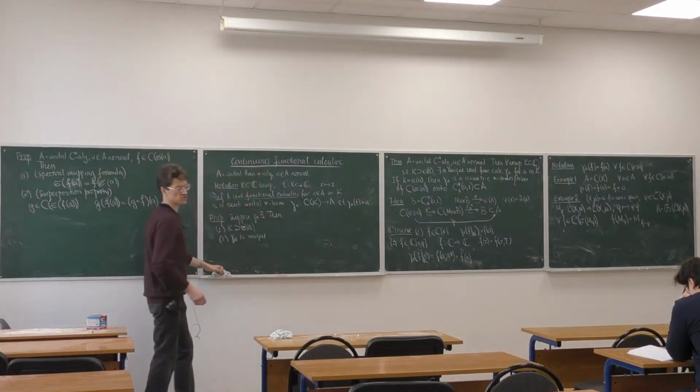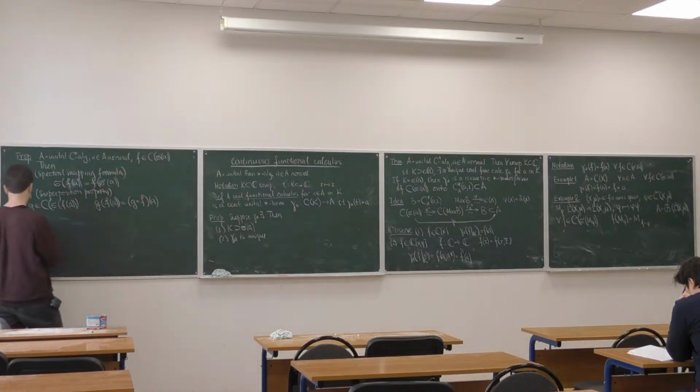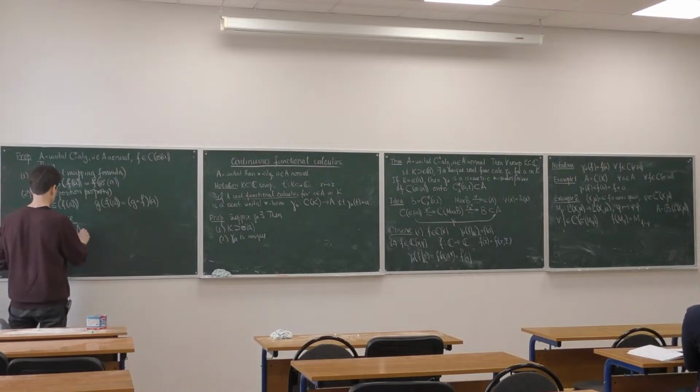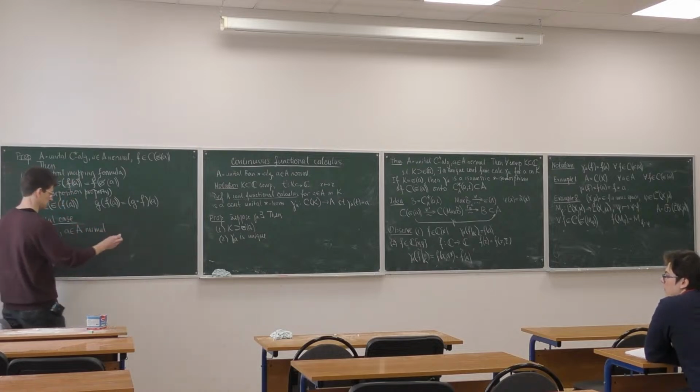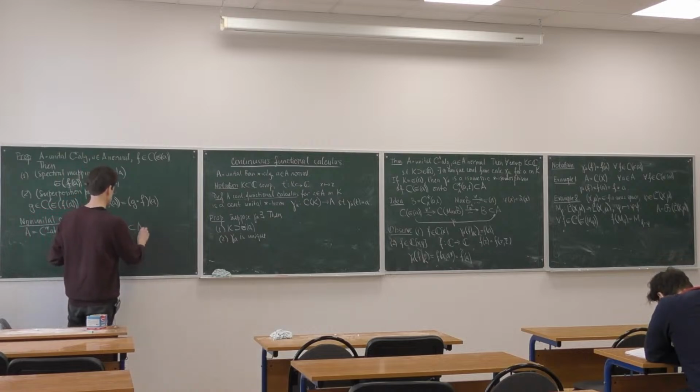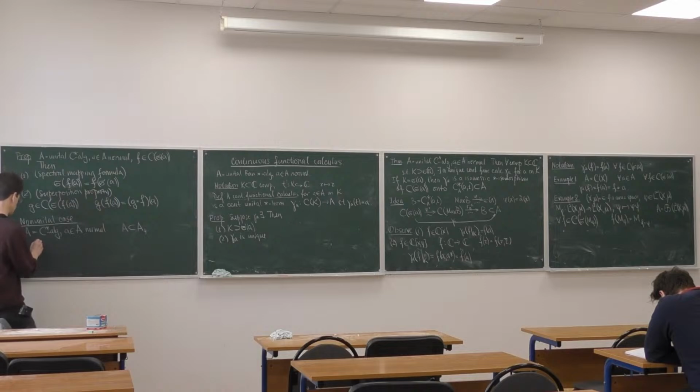What happens if our algebra is no longer unital? Sometimes this is useful in the non-unital case. So suppose that A is a C-star algebra, not necessarily unital, and little a is a normal element of A. In this case, we just embed A into its unitization, A plus, and we take the non-unital spectrum of A, which, let's recall, is just the spectrum of A as an element of the unitization.